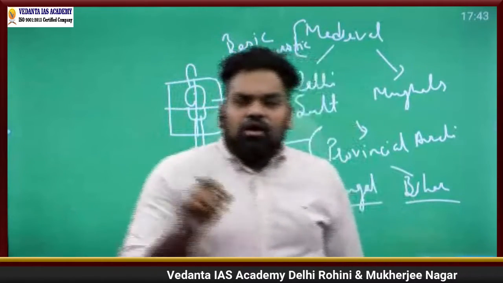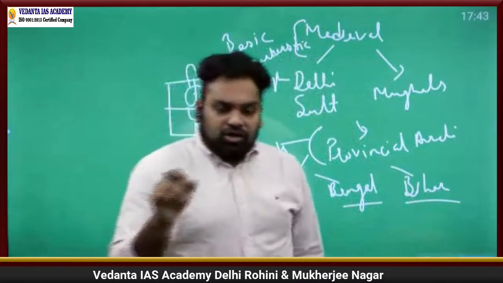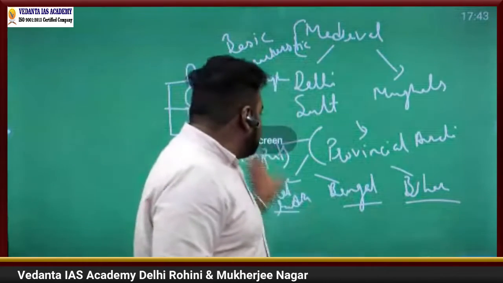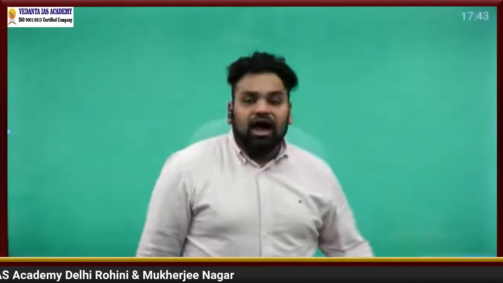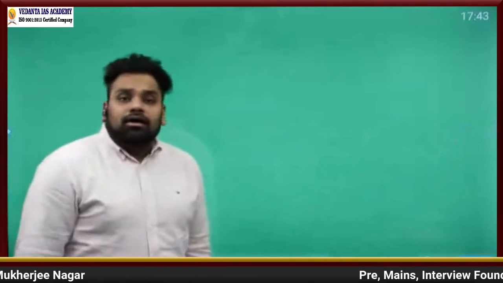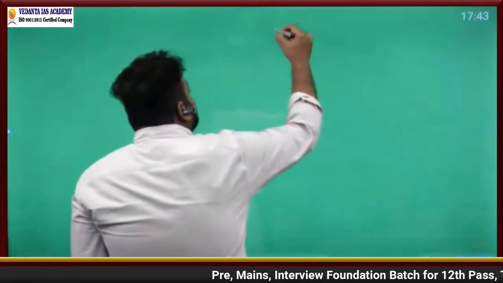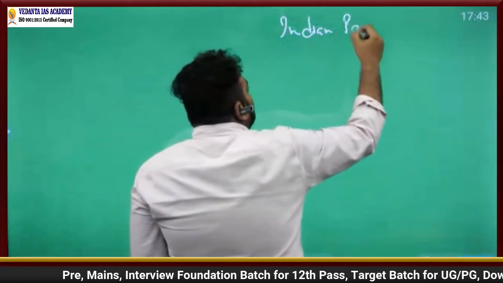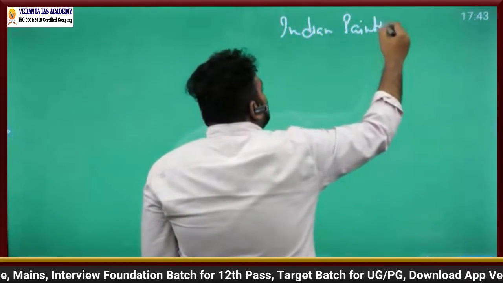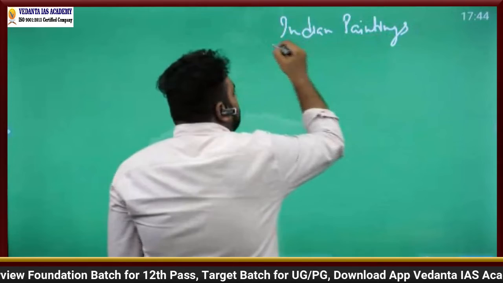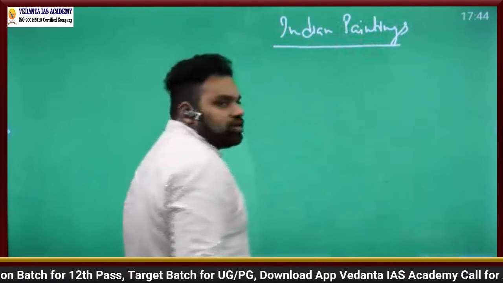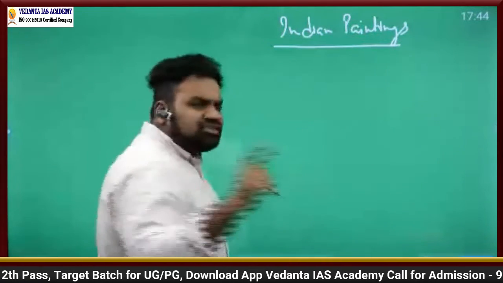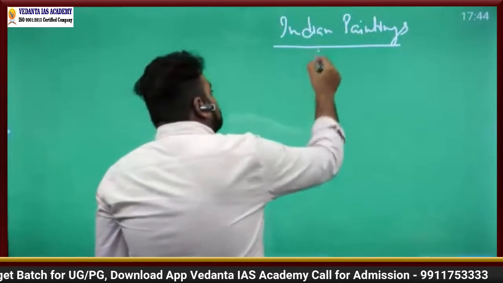And then after completing this particular topic of architecture, we are going to see another major topic important for the art and culture part for prelims as well as the mains examination, which is the Indian paintings. Indian paintings are going to be very, very important, right? And they're very interesting also. Mind you, they're very interesting also.